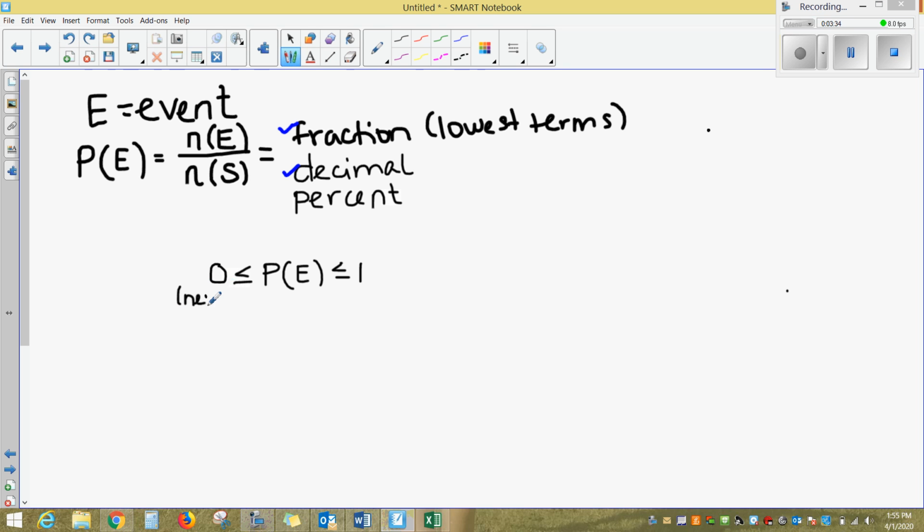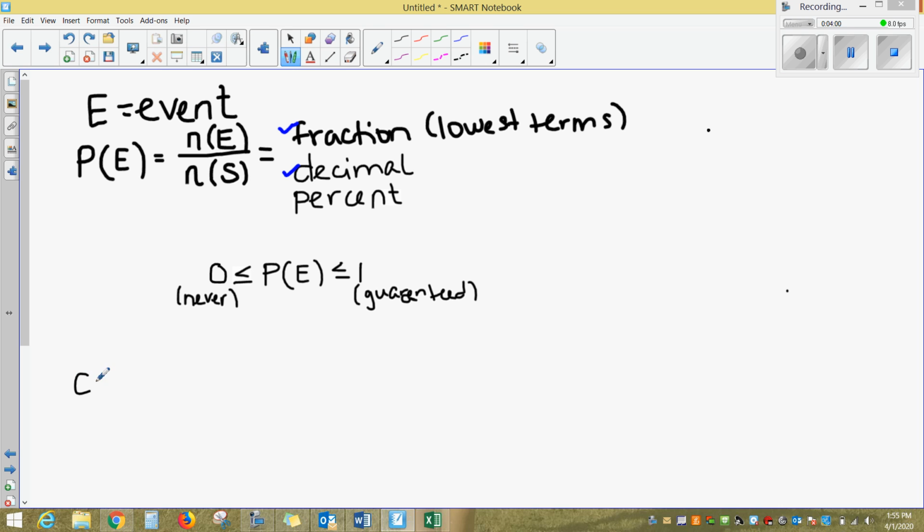It's completely impossible. And the probability being 1 means it's guaranteed. Pretend that says guaranteed in a way that you can read it. Oftentimes, the probability is somewhere in between.